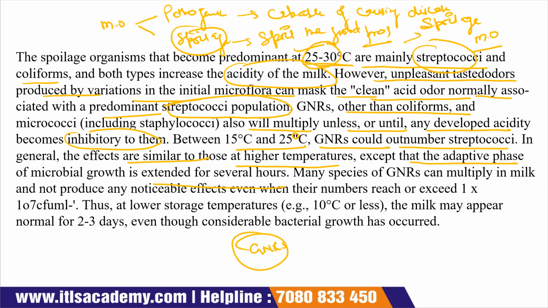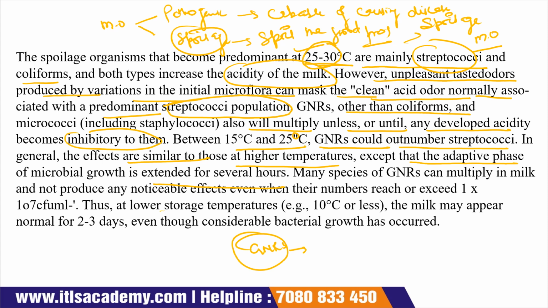What they do, they don't produce any noticeable activity in the food unless their number reaches or exceeds 1x. So they will spoil the milk, but the milk doesn't show any characteristic of spoilage. But when their number exceeds 1x, then it will show the noticeable effect.